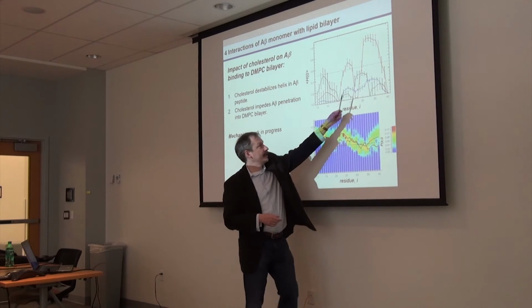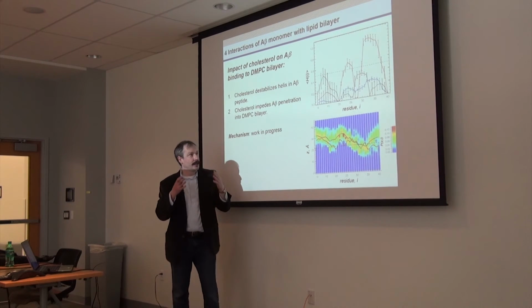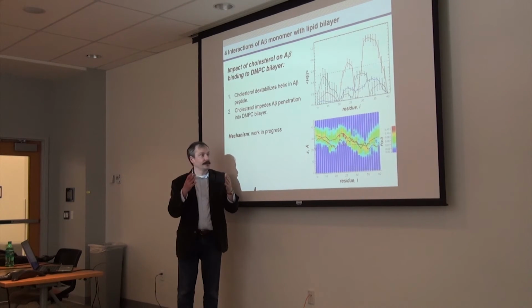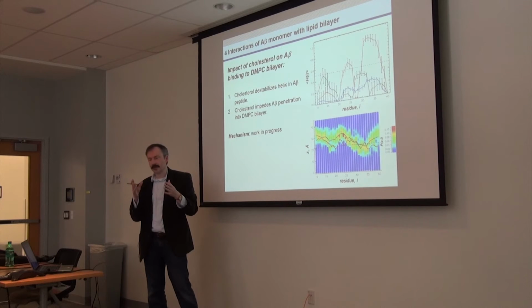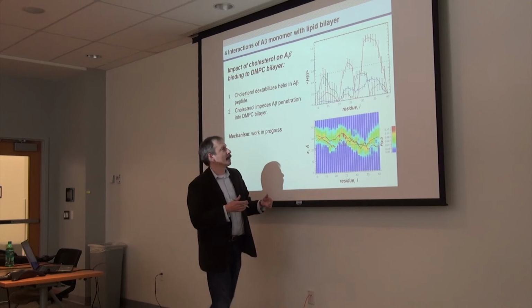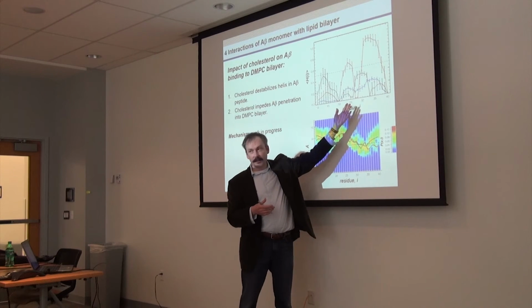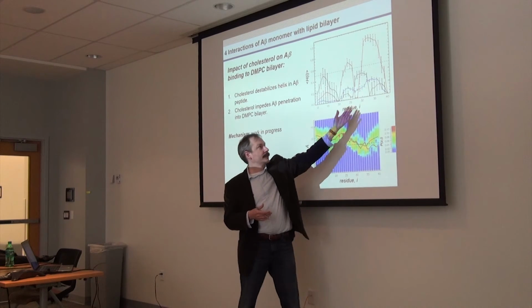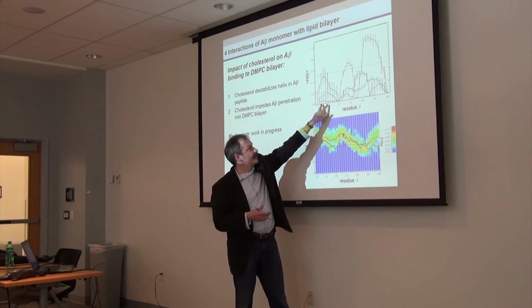Again, I showed this data before. The new set of data are in black. This is the binding of A-beta peptide to the zwitterionic bilayer with cholesterol. 30, Chris, 30? 40. 40% of cholesterol. And you see here that the helix is by and large disrupted. So it becomes comparable with the water environment. Actually, the helix, by the way, shifts somewhat.